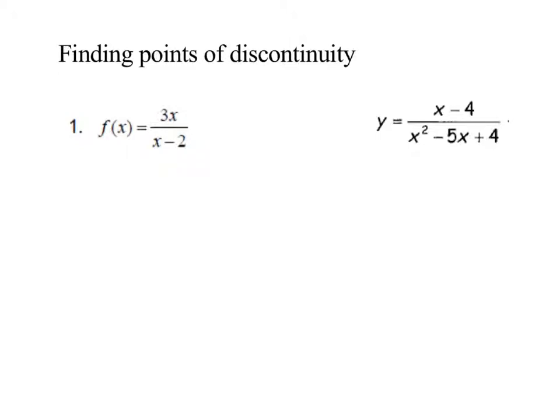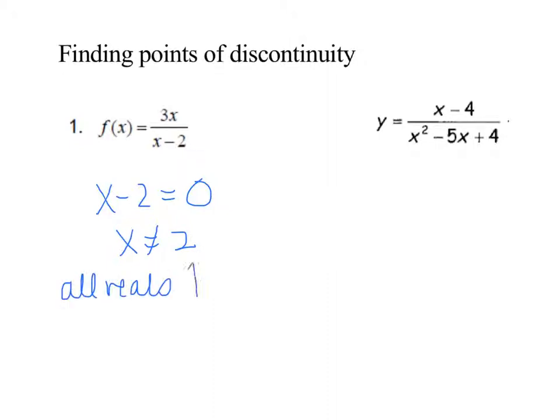So what we're going to do is look at the denominators of these two functions, and determine where they would equal 0. Right? So the easiest way to do that is just set your denominator equal to 0 and solve. So in this case, the domain of this function would be all reals except where x is equal to 2, because that is the only value for the entire function where you would divide by 0.